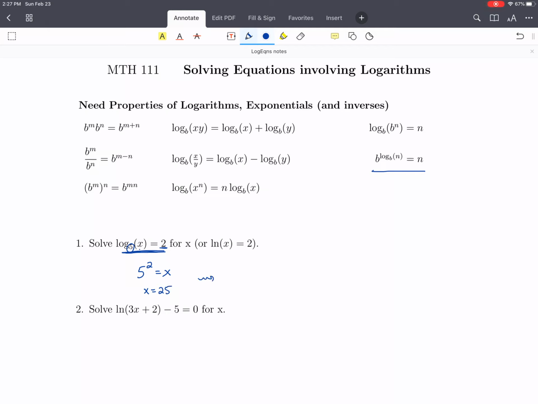I could also solve this thinking of the exponentials as inverses and say if log base 5 of x is equal to 2, then 5 to the log base 5 of x is equal to 5 squared, or x is equal to 5 squared. So x is 25.